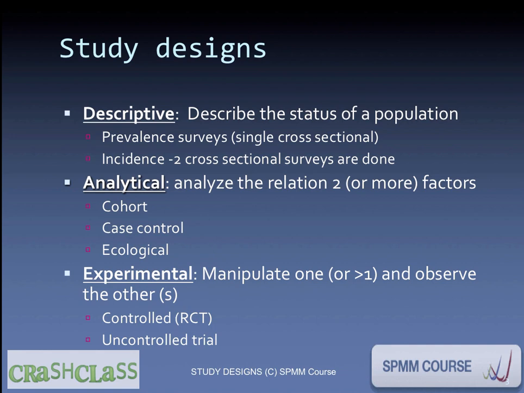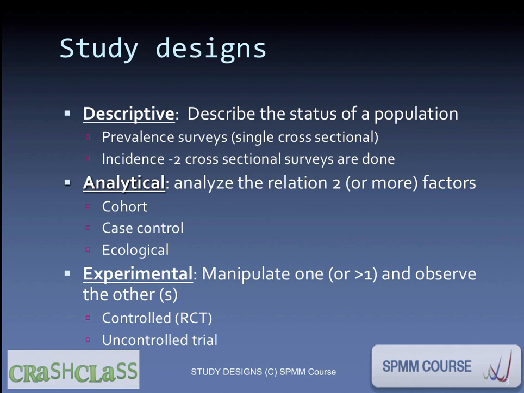Now, between these two cross-sectional studies, if there are new cases of myopia emerging, then I will have more numbers during my second study compared to my first study. So this will give me an indication of incidence. So in order to calculate incidence, you have to do two cross-sectional surveys. So this is about descriptive studies.